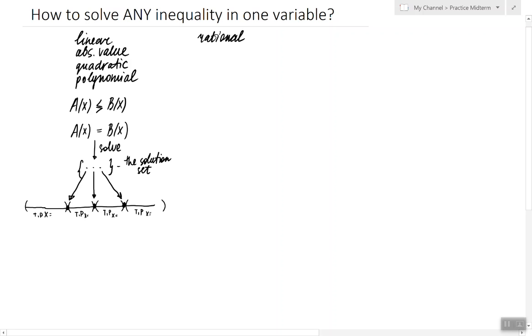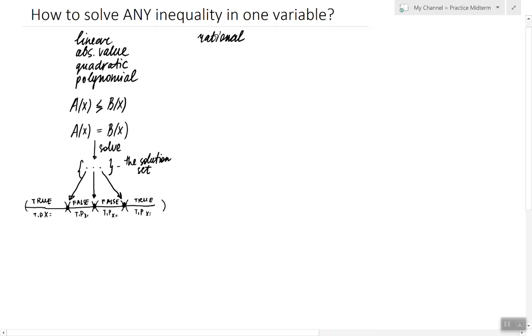If the inequality is true, we can write here true. If the inequality is false, we can write here false. And let's assume the inequality is true over here. So intervals on which the inequality is true are entirely part of the solution set of the inequality.